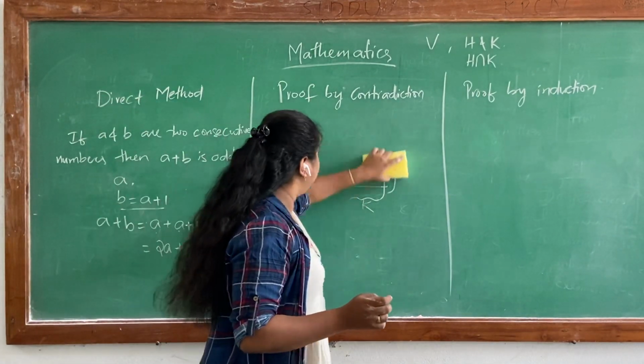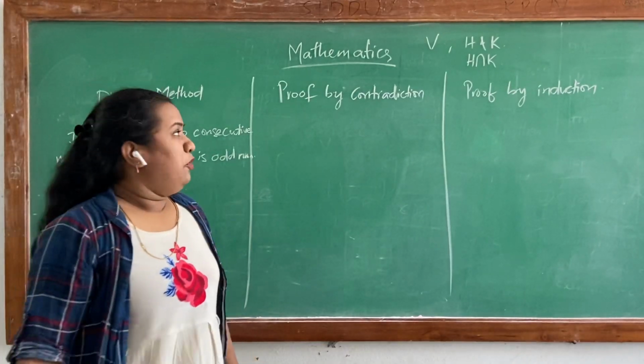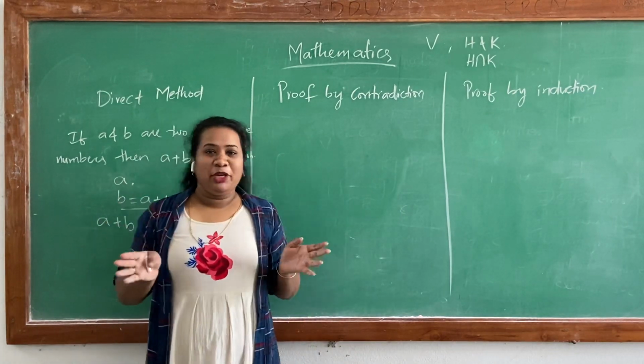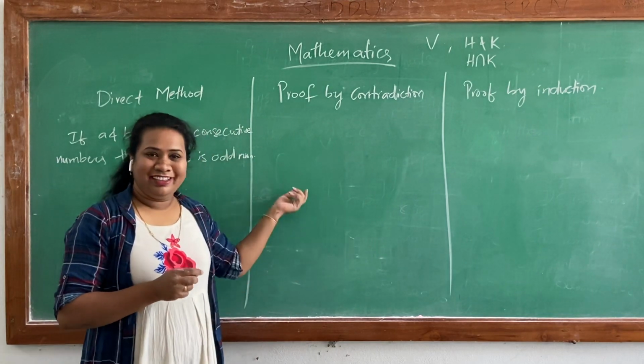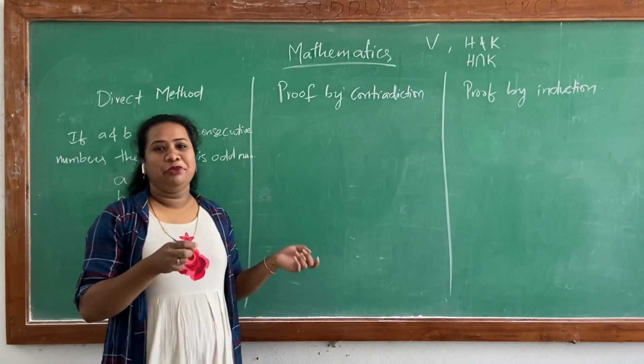Next we are going to proof by contradiction. In proof by contradiction, again as usual, we have to read the statement of the theorem very carefully, and after reading it, we have to see how we are going to prove the theorem.